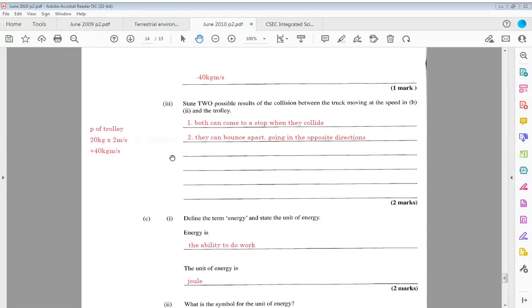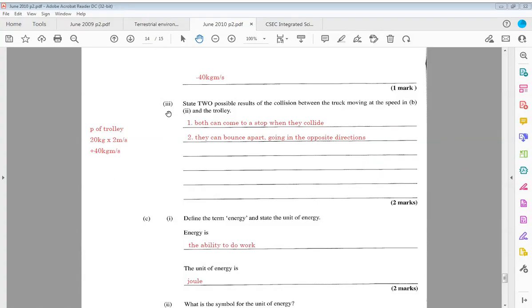Then three, state two possible results of the collision between the truck moving at the speed in B and the trolley. So we have to calculate that of the trolley, the momentum, which is 20 kilograms by 2 meters per second, which is going to give us 40 kilogram meters per second. And I put the plus sign as this is the positive direction that I had assigned here.